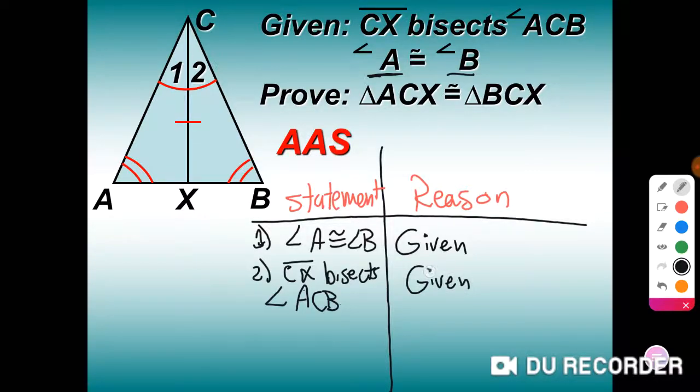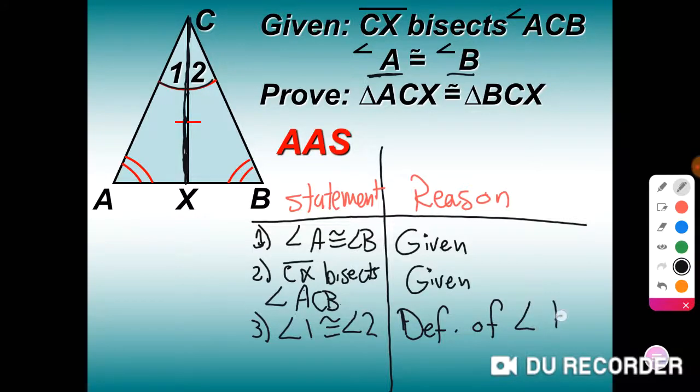And as a result that the line segment CX bisects the angle C, it means it splits the angle or divides the angle into two congruent angles. So I can say angle 1 is congruent to angle 2. And the reason is definition of angle bisector.